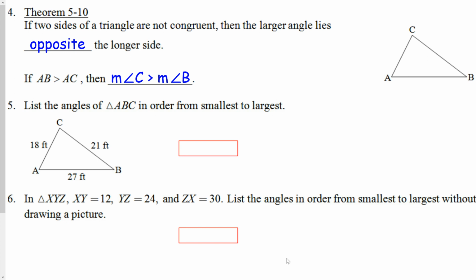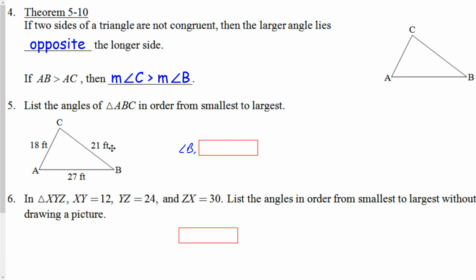Angle C is opposite the longer of those two sides, so it is the larger of the two angles. So using this, we are able to take the sides of a triangle and use them to list the angles in order from smallest to largest. The smallest angle, based on this theorem, is always opposite the shortest side of the triangle. So if AC is the shortest side, angle B would be our smallest angle.